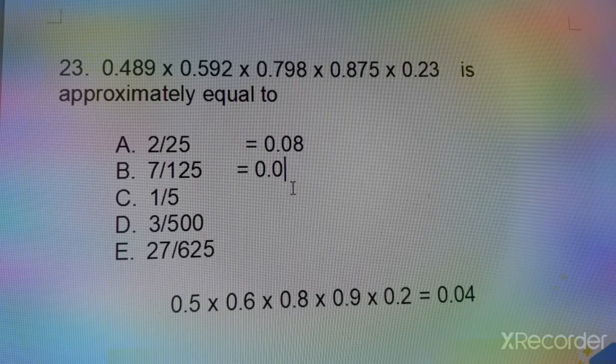So 700 divided by 125: 125 times 5 is 625, so that's 5, so 0.05. Okay.